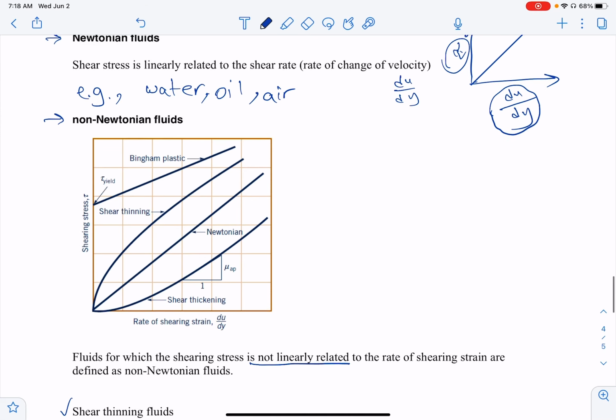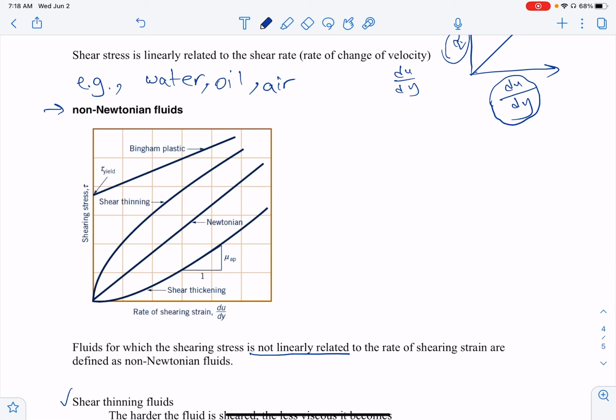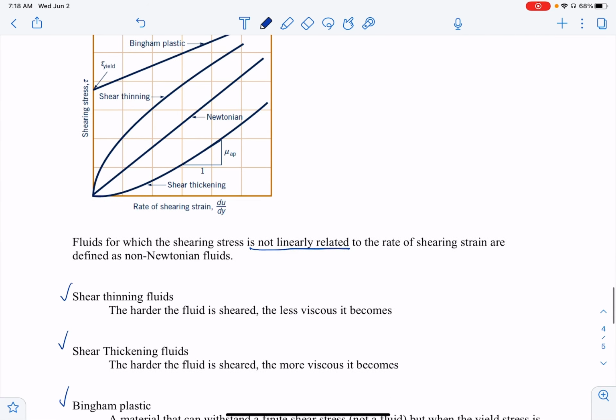So this is how we describe the non-Newtonian fluids.